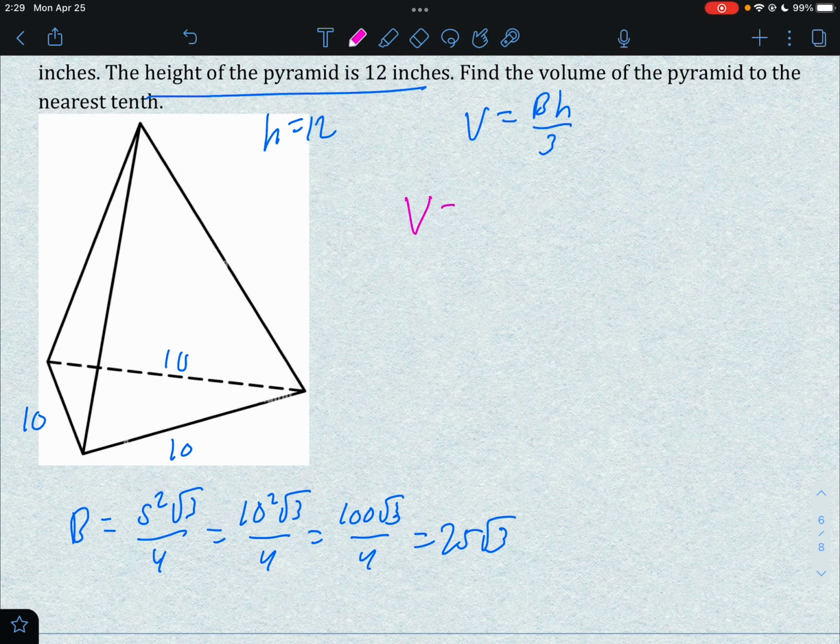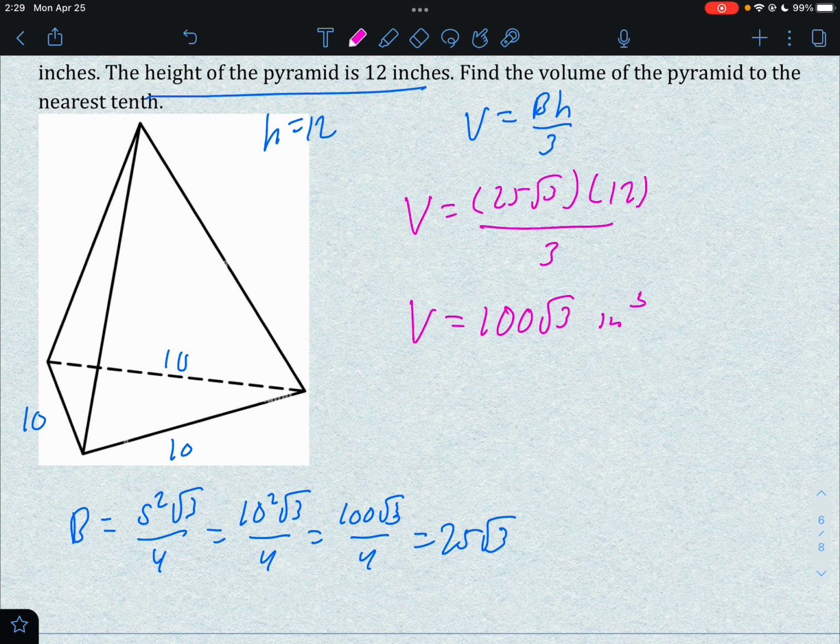So our volume now is 25 root 3 times 12 over 3, which is going to give us an answer of 100 root 3 cubic inches. It says round to the nearest tenth, so if we type all that in our calculator, we should get our answer of 173.2 cubic inches.